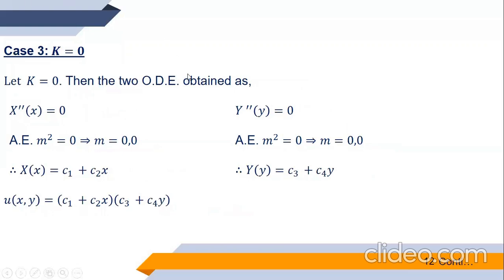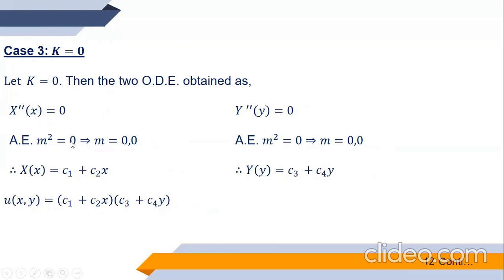Now the third case, k equal to 0. Let k = 0, then the given two ODEs, that means equation 3, become X'' = 0 and Y'' = 0. So X'' = 0, again a second order ODE.